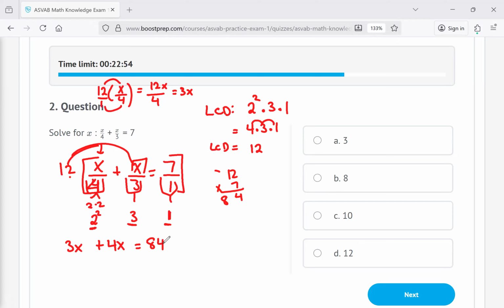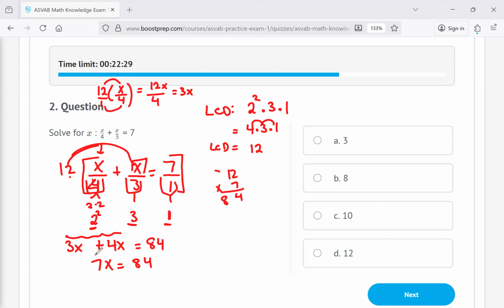Okay. Now go ahead and try to solve for x. So now what I'm going to do is combine like terms. I want to solve for x, but before I move things around, always check if you can combine like terms. So on the left, you have 3x plus 4x, which is 4, 5, 6, 7x. And then you have 84.